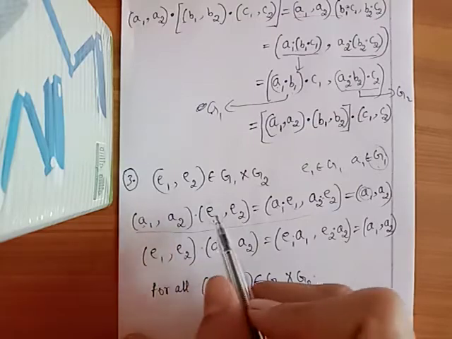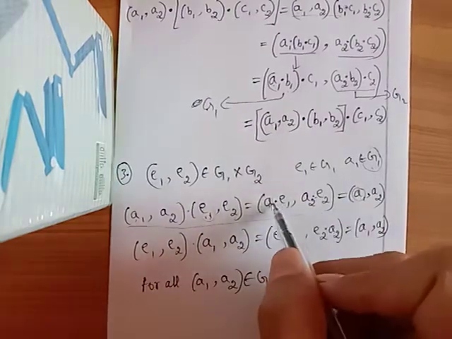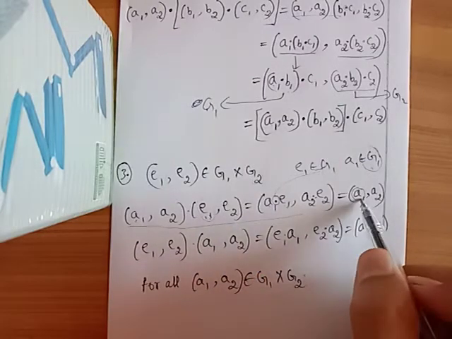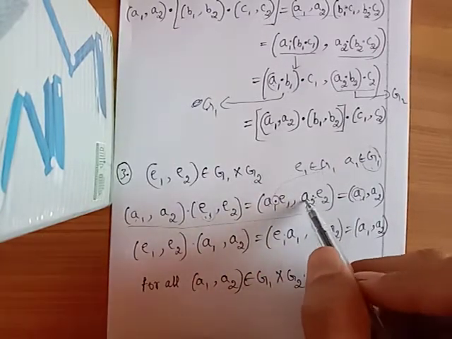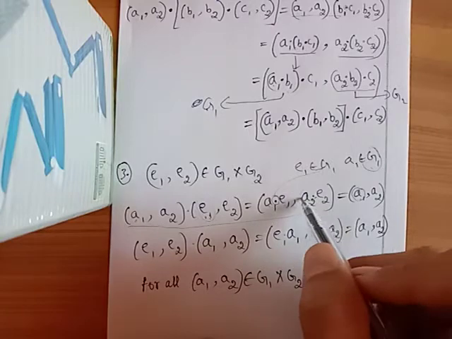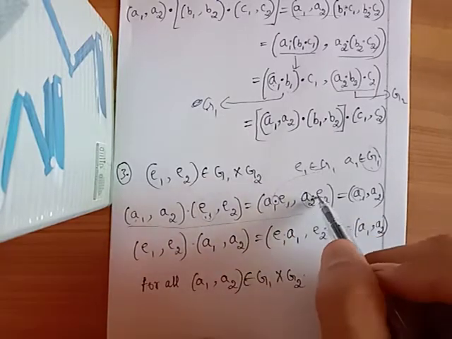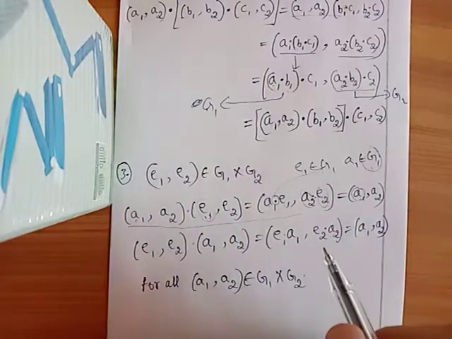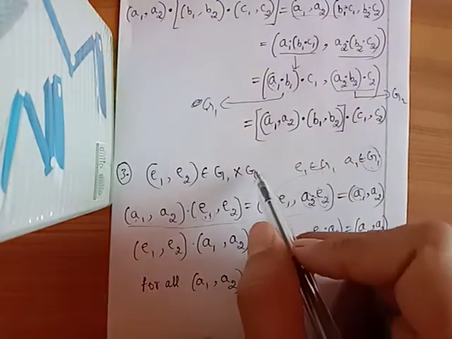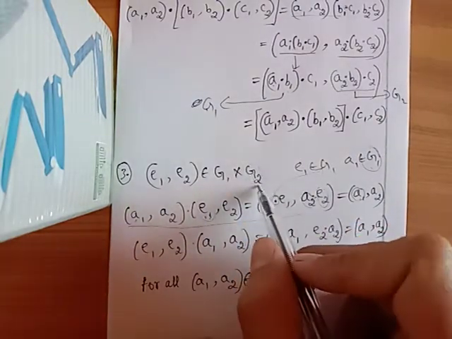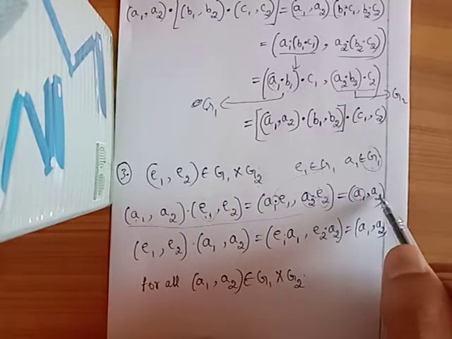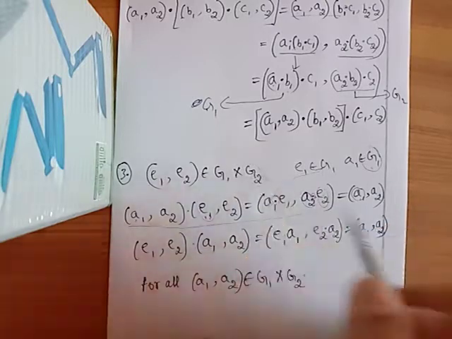Similarly A2 into E2 is equal to A2, since G2 is a group and E2 is the identity element of G2.